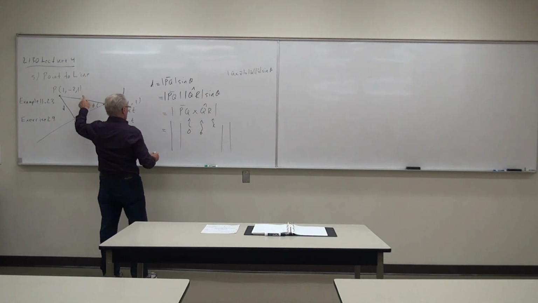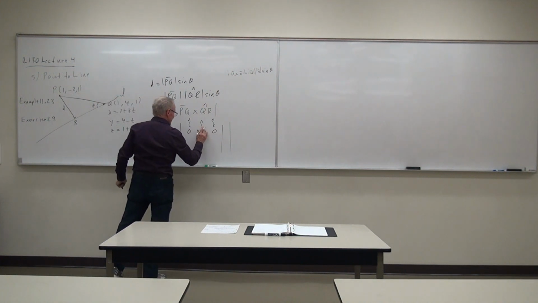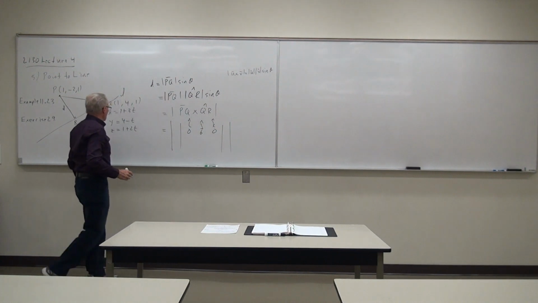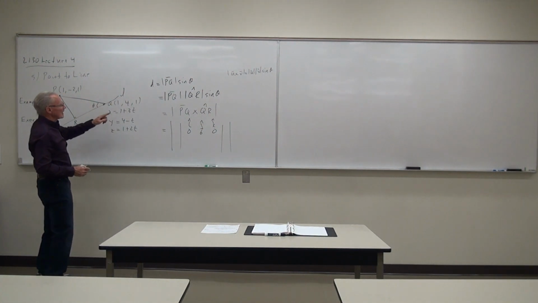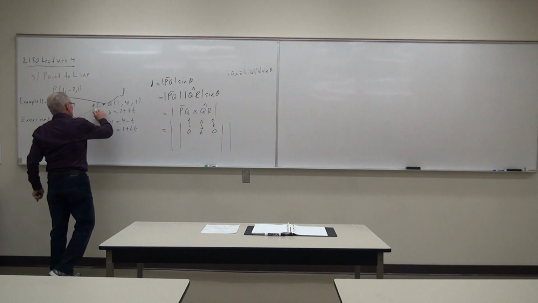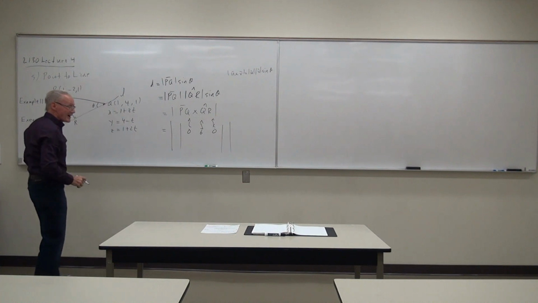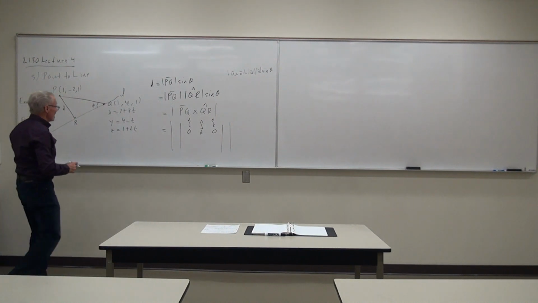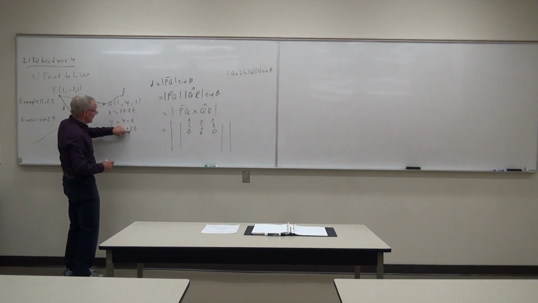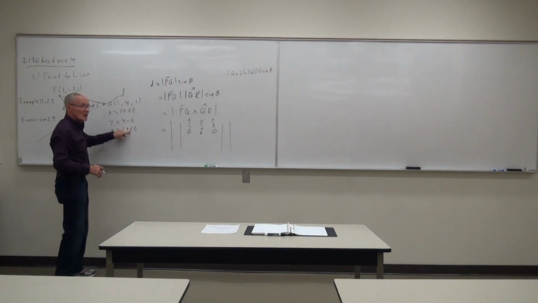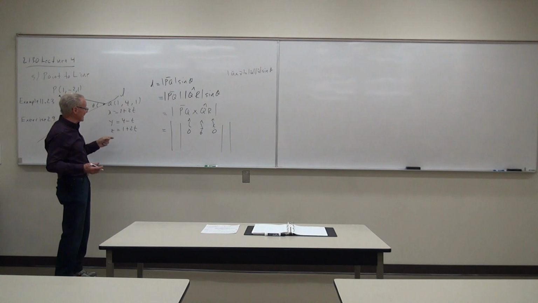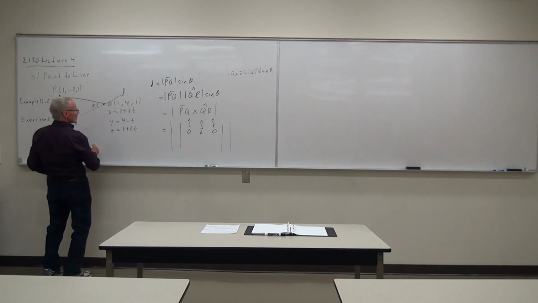And that one minus that one, 0. Oh, that's rather nice. Now we're going to take QR, a unit vector along this line. Well, a vector along the line is (3, -1, 2). We need to make it into a unit vector. That means take it and divide it by its length. So let's simply write that off to the side here.